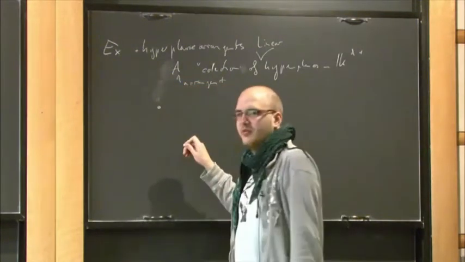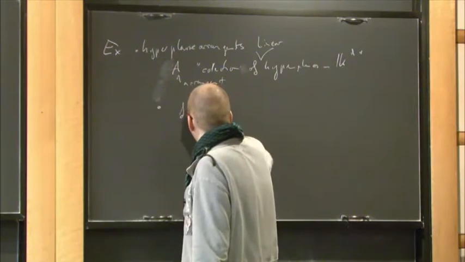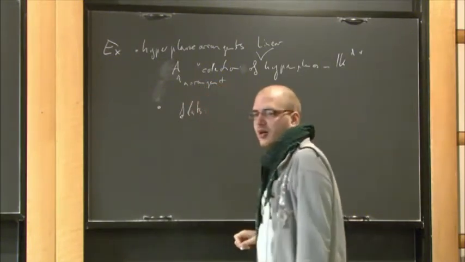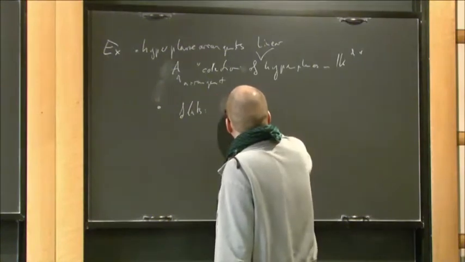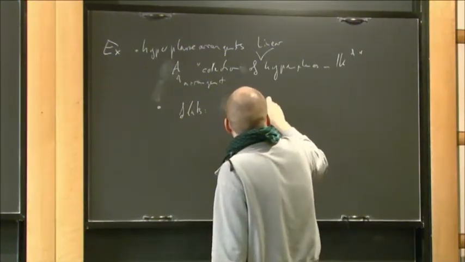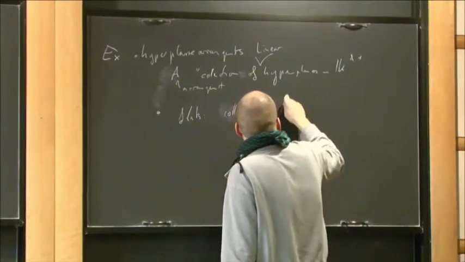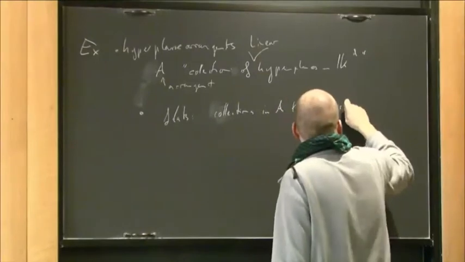No, what do you mean intersected with A? One way to do it, flats could be those subspaces or collections or subsets in A that intersect in a common subspace.